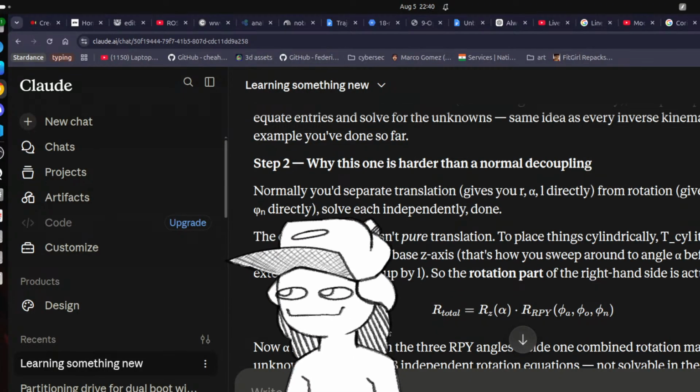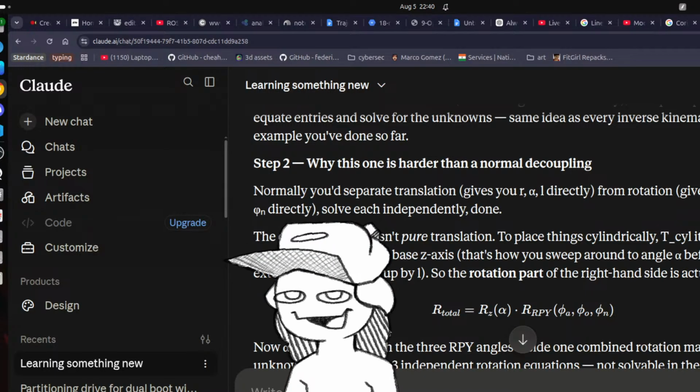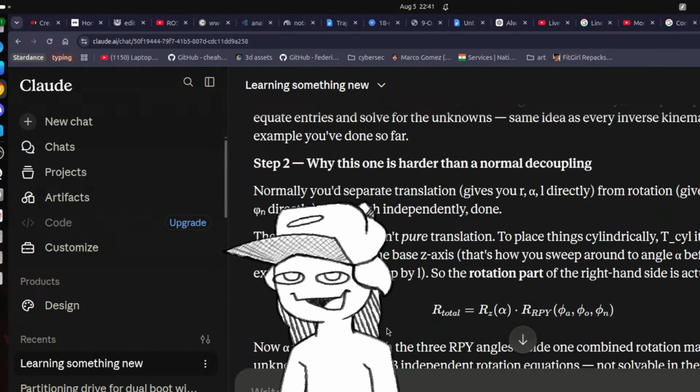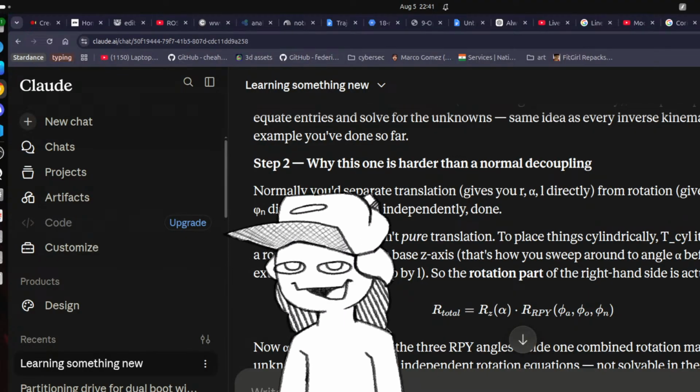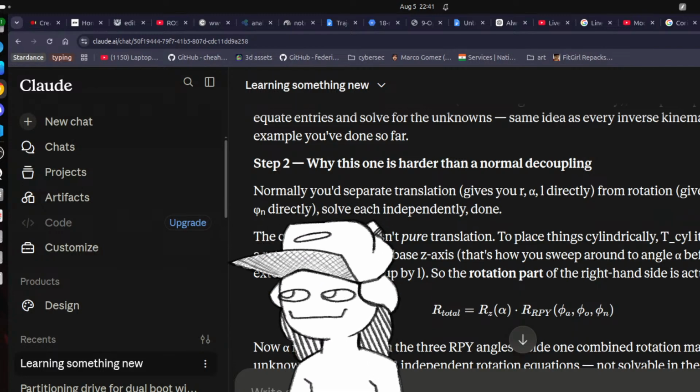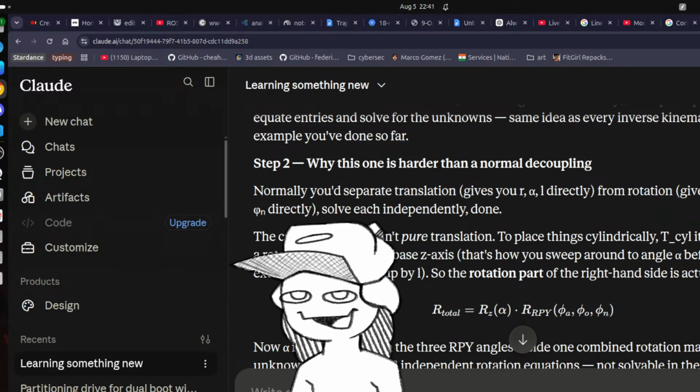Yeah, this cylindrical transformation itself contains a rotation about alpha about the base z axis.